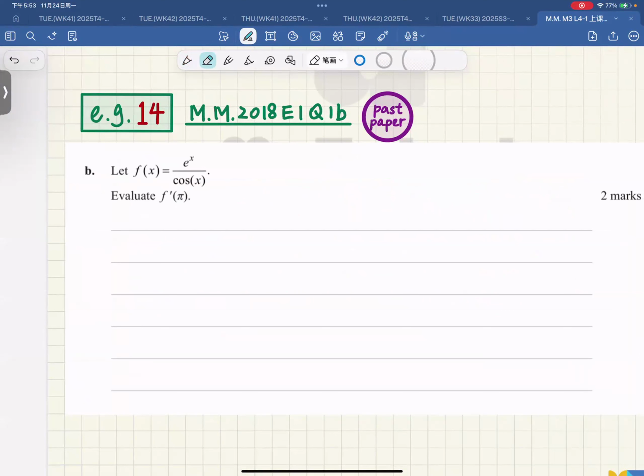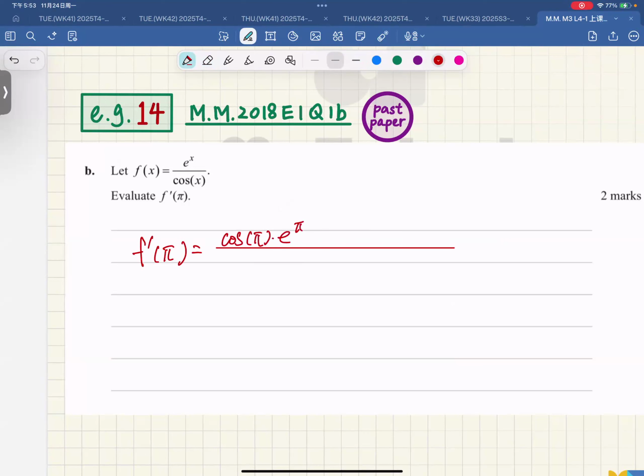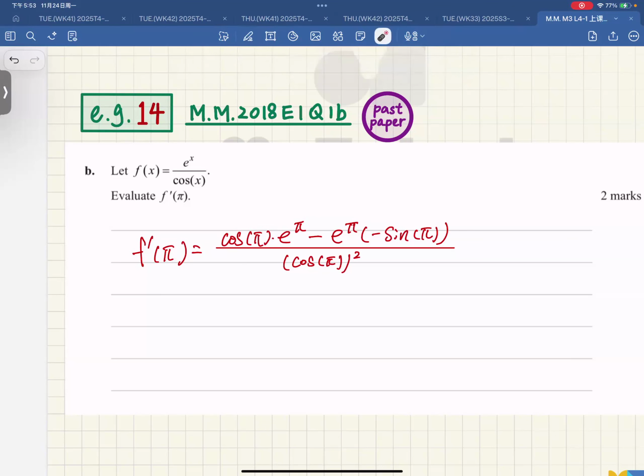But I can tell you that after you differentiate this one, f dash pi is equal to cos pi e to the power of pi minus e to the power of pi times negative sine pi, over cos pi to the power of 2. Okay, now the question is, can you simplify this?